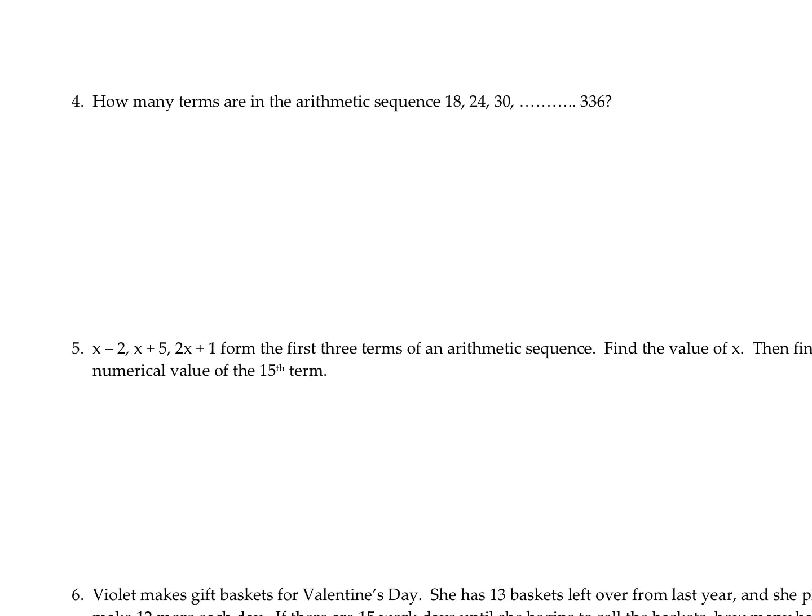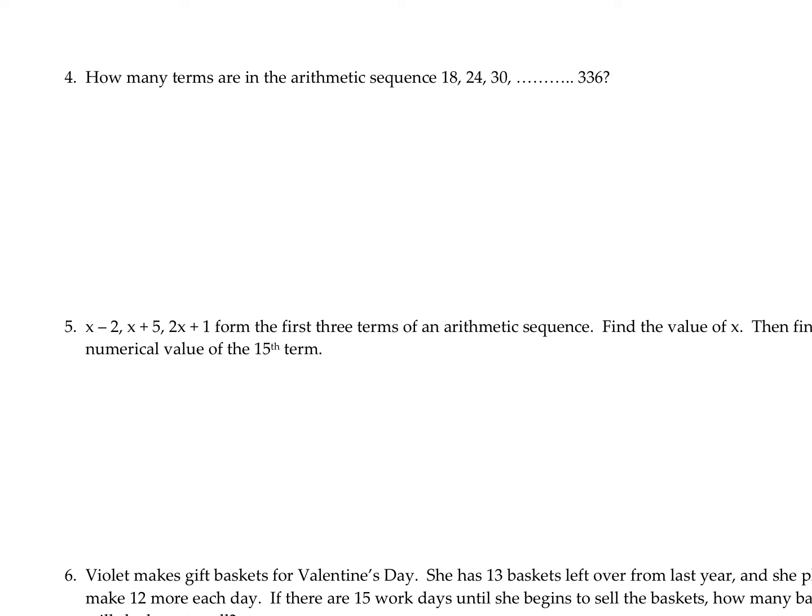All right, now it's saying how many terms are in this arithmetic sequence. So I know this is a1. I can see that my common difference is 6, because I would add 6 to go from term to term. And this is going to be my an, but I don't know what n equals.